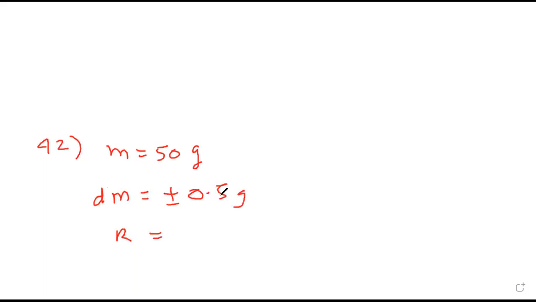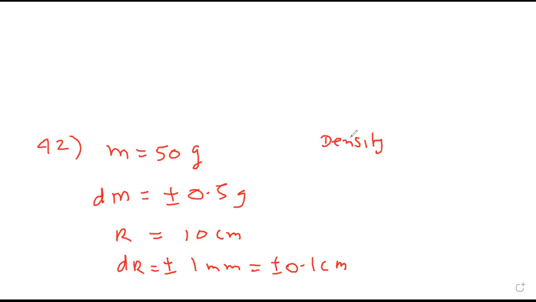The radius is 10 centimeter, with accuracy plus or minus 1 millimeter, that is plus or minus 0.1 cm. Determine the percentage error in density.